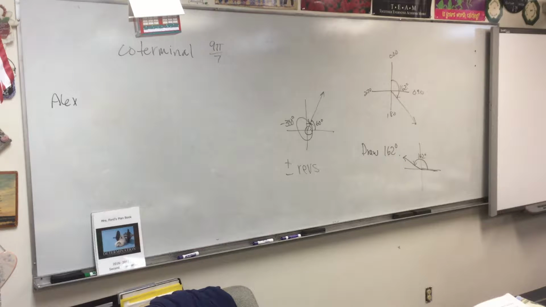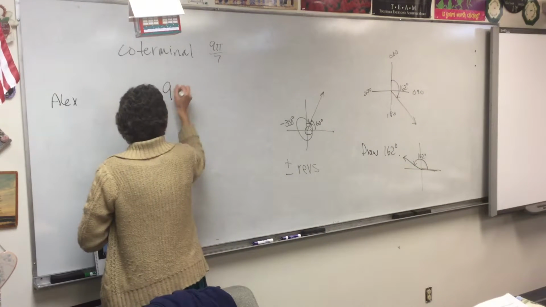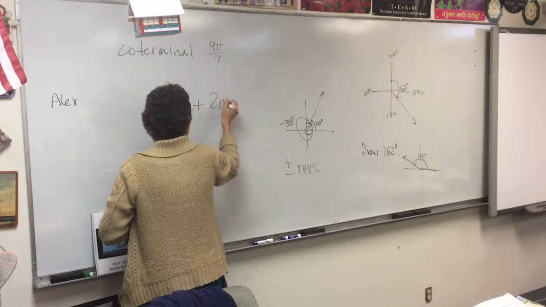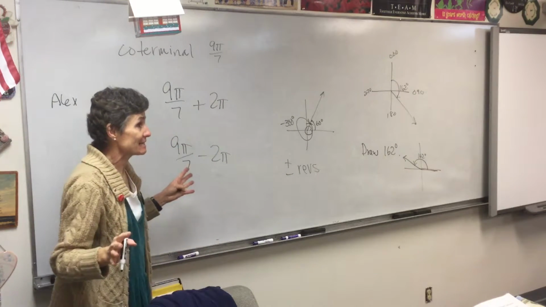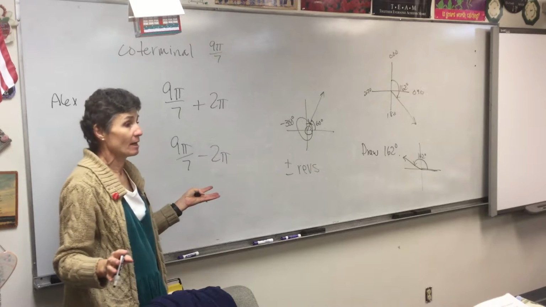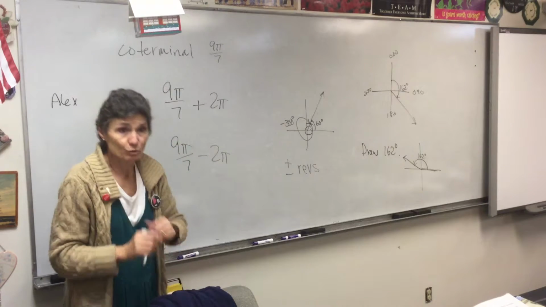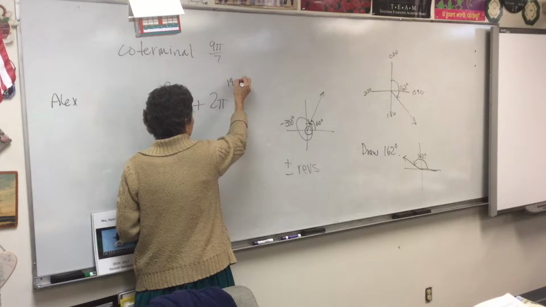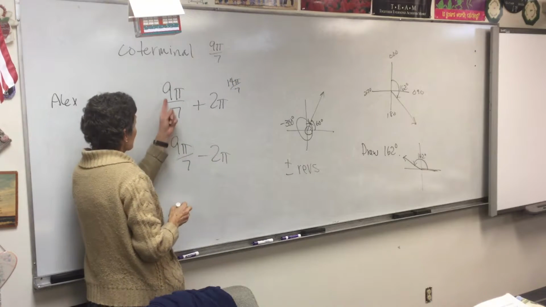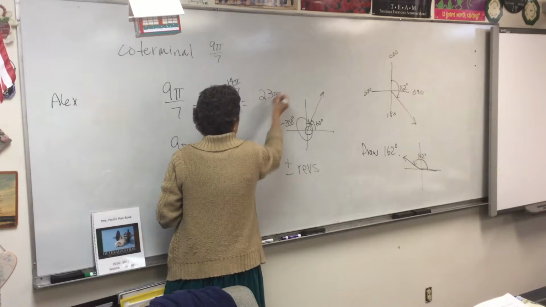What is a revolution in radians? 2 pi. So if I have a radian measure, I am going to add 2 pi and subtract 2 pi. It's just fractions, so I'm going to need a common denominator. Getting a common denominator here, this would be 14/7, right? So 9 plus 14 would be 23 pi over 7.